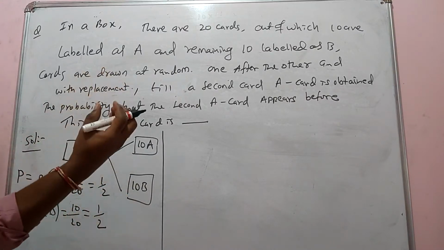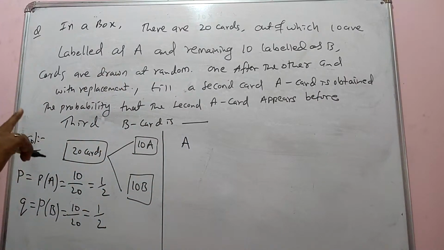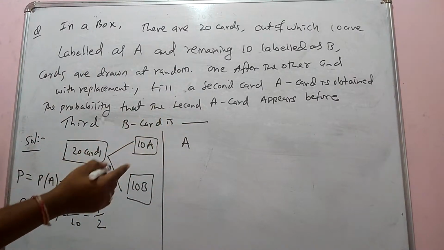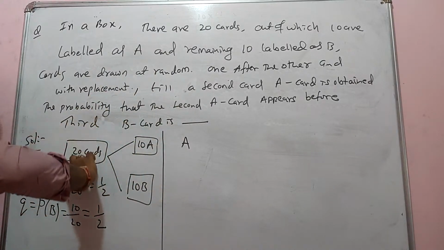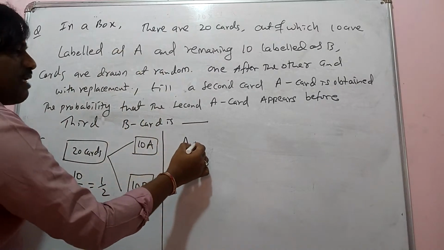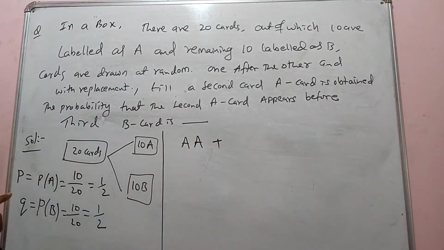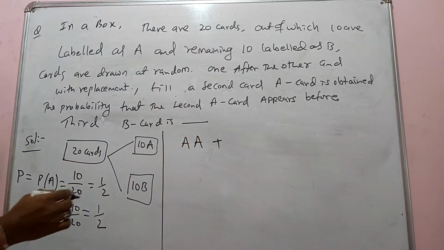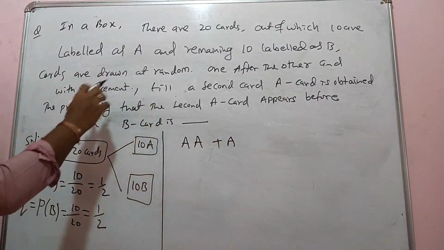When I take the first time I may get A, but my success is to get the second card A. So I keep it back inside, and the second time I may get A. Means first card A, second card A is one way I can get it.